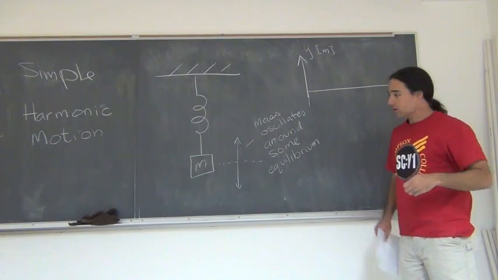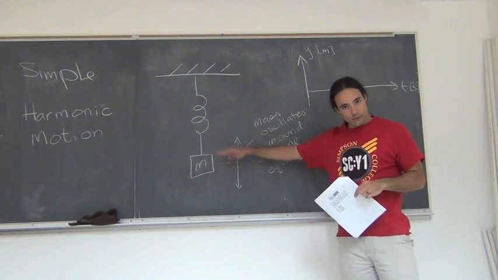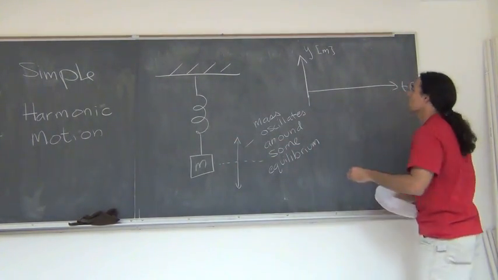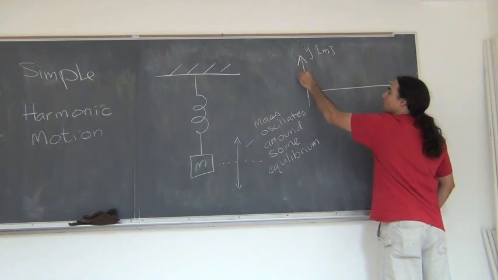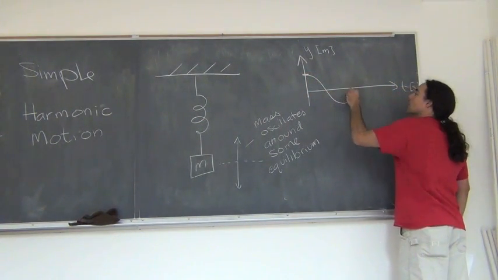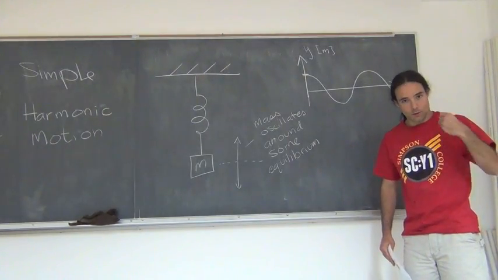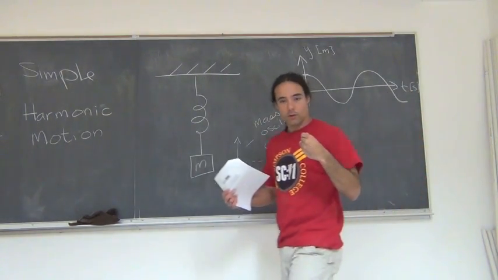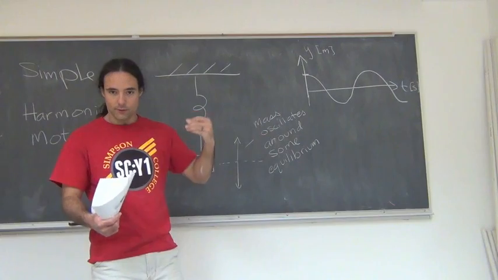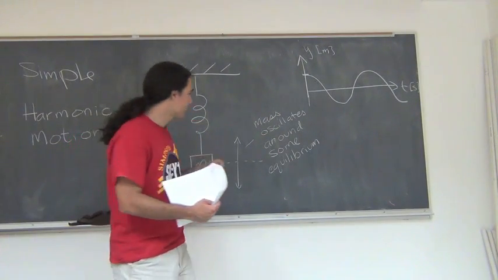What we'll see is that my mass will bounce up and down, will oscillate. So if I initially pick it up to some height, it will go down, come up, go down, and that motion will continue for a long time until friction causes it to slow down and eventually stop.